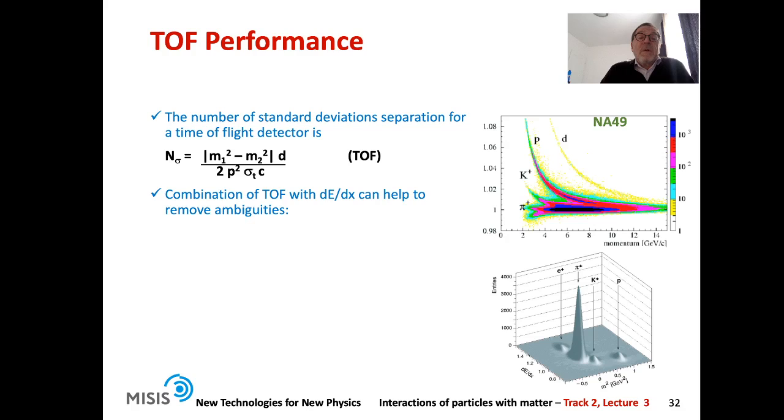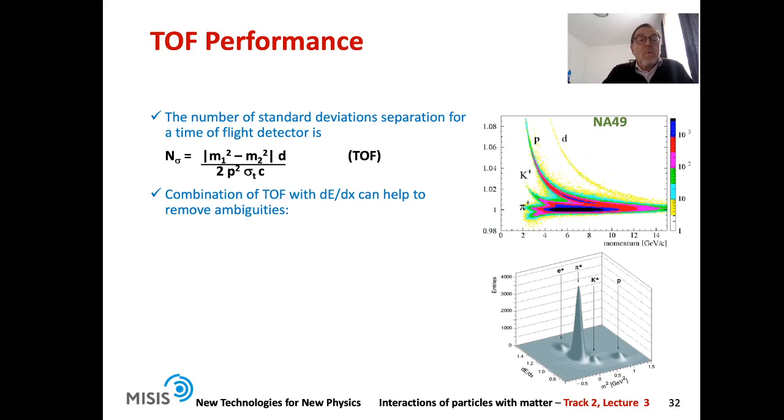Let's discuss performance of time of flight. The number of standard deviations to separate between two particles with different masses m1 and m2 is given by this formula. Clearly, time of flight works better if the distance between detector planes, or between the interaction point and the time of flight detector, is large. It is given by d, and the denominator of this formula should be minimized, which works at very low momenta.